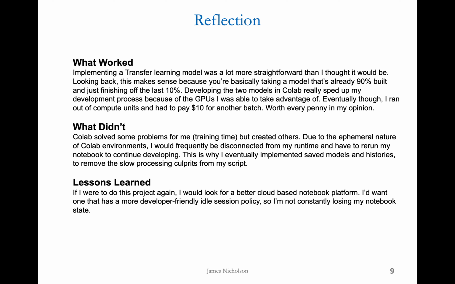Developing the two models in Colab really sped up my development process because of the GPUs I was able to take advantage of that I don't have on my MacBook Pro. Eventually, though, I ran out of compute units and I had to pay $10 for another batch, which, in my opinion, was worth every penny.